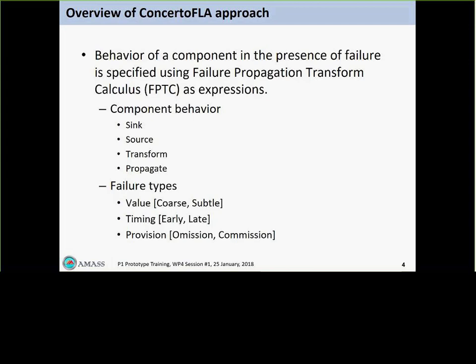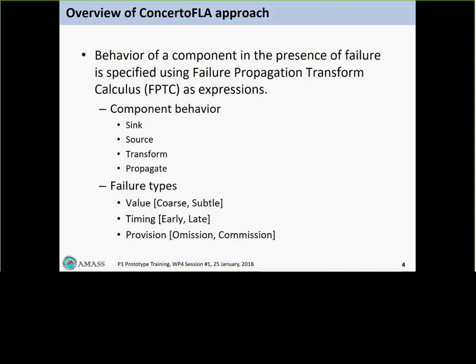What that means is it receives a failure on the input port and it changes the type of that failure on the output port. And the propagate behavior simply means that the component receives a failure on its input port and it simply propagates it as it is on the output port.